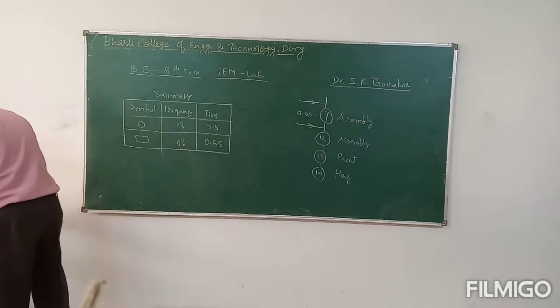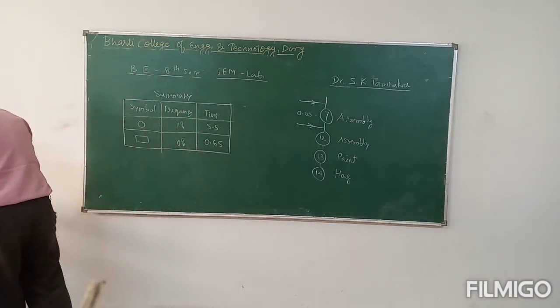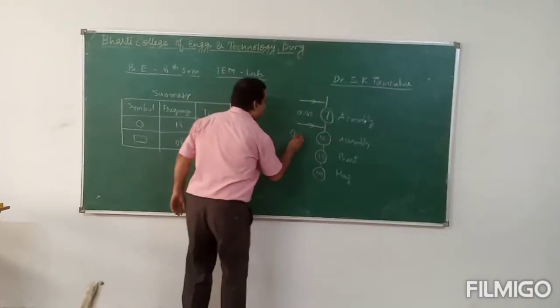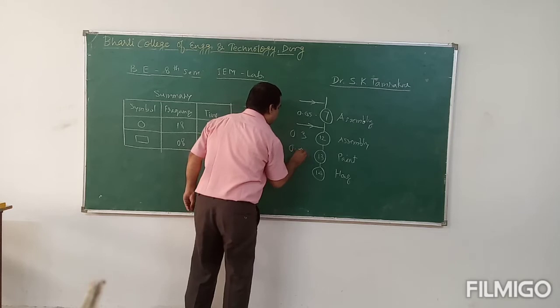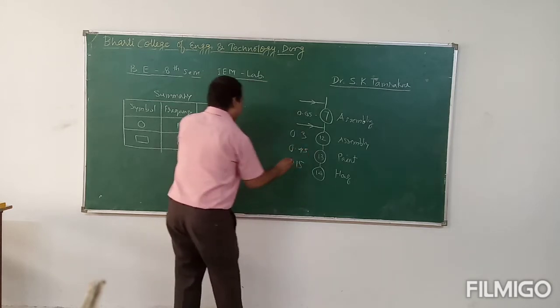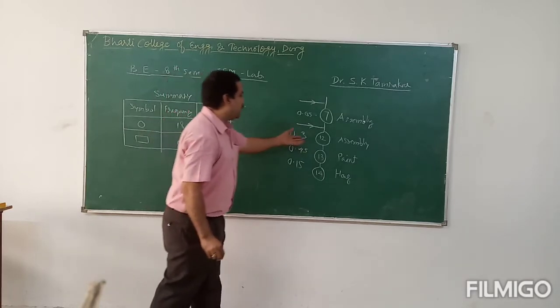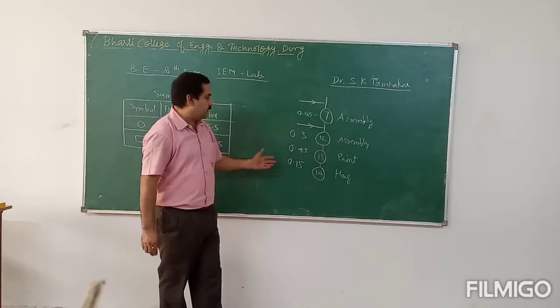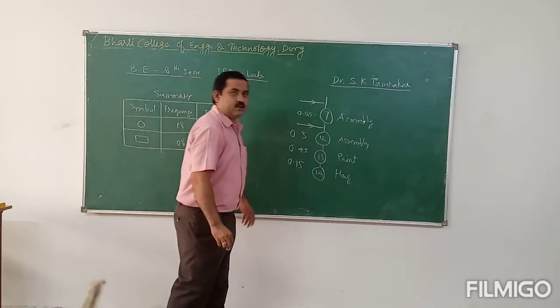These times are 0.3, 0.45 and 0.15. These are the times taken for the second assembly, then painting of that clip and hanging.